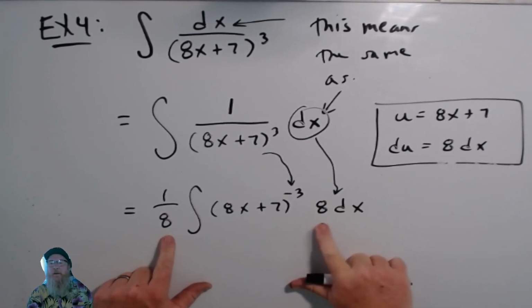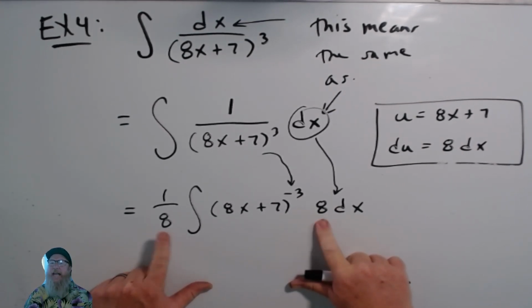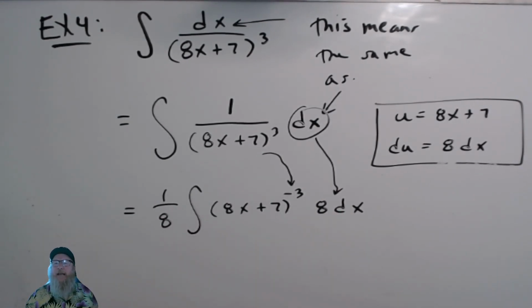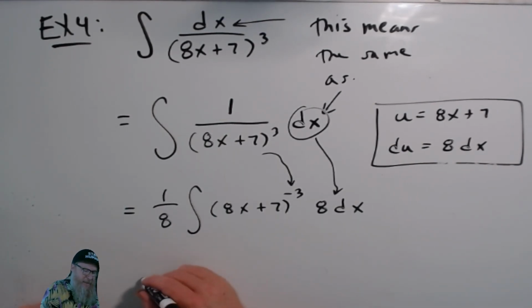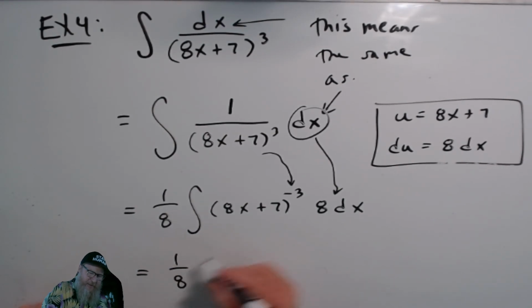So you see, one of the 8s is a fraction, 1/8, and the other 8 is a whole number, 8. Together, that's a special form of 1. That's generally the step that we take to avoid having to write out 3 or 4 lines for that. And now we're ready to integrate.